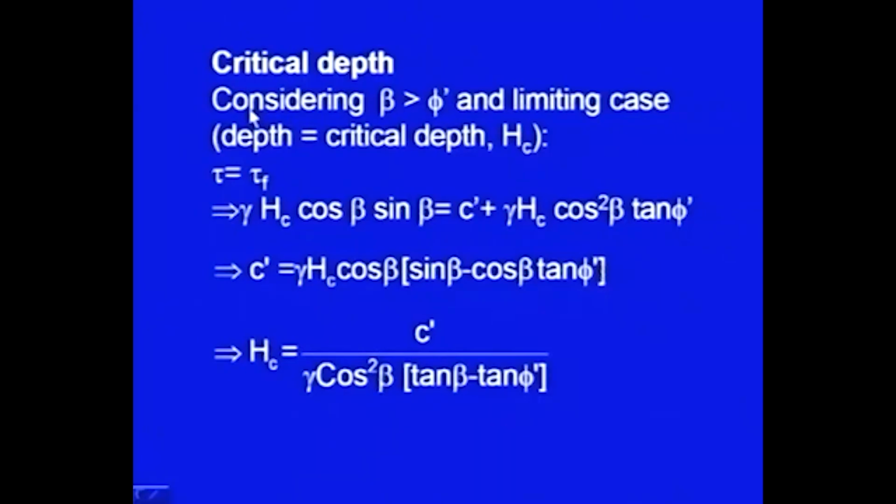So, considering the first case which I took when the slope was steeper, beta was more than phi dash, and considering the limiting case, critical depth means the maximum depth for which the slope will remain stable, or the depth at which the hard stratum should be available, otherwise the slope will not remain stable. So, considering the limiting case, that means when tau f is equal to tau.